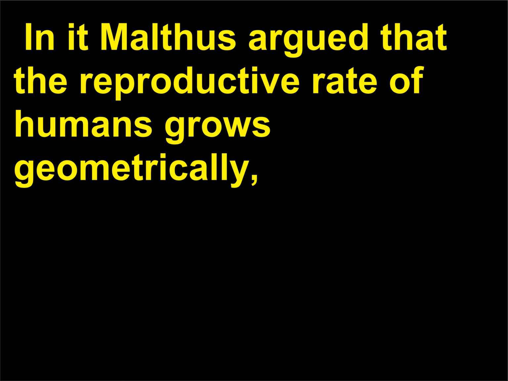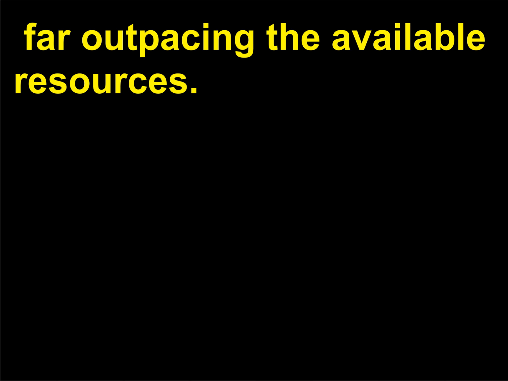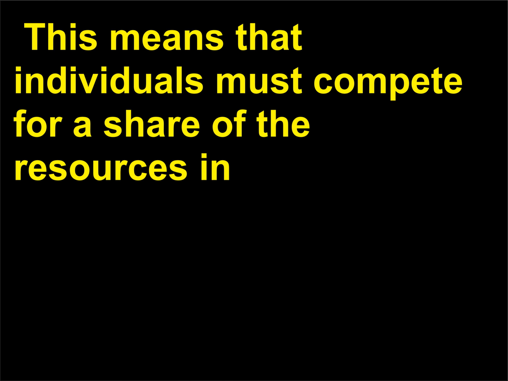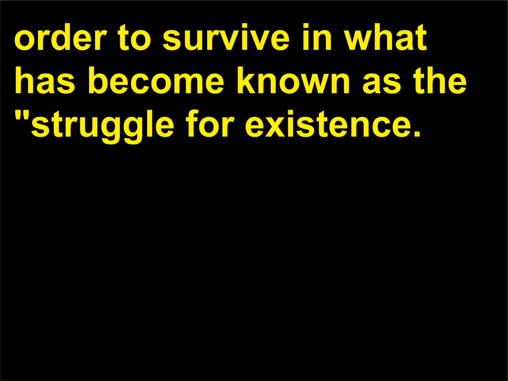In it, Malthus argued that the reproductive rate of humans grows geometrically, far outpacing the available resources. This means that individuals must compete for a share of the resources in order to survive in what has become known as the struggle for existence.